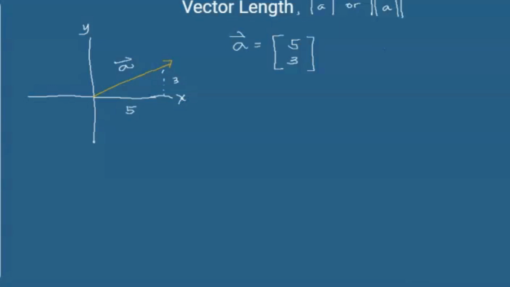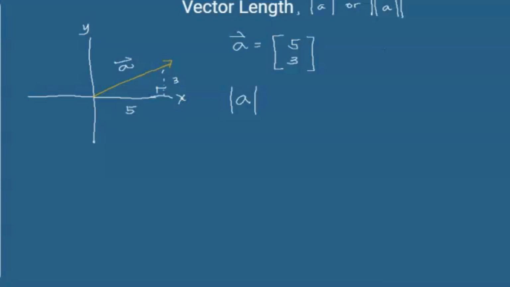So from our previous video, the length of a vector is actually the hypotenuse of this right triangle.